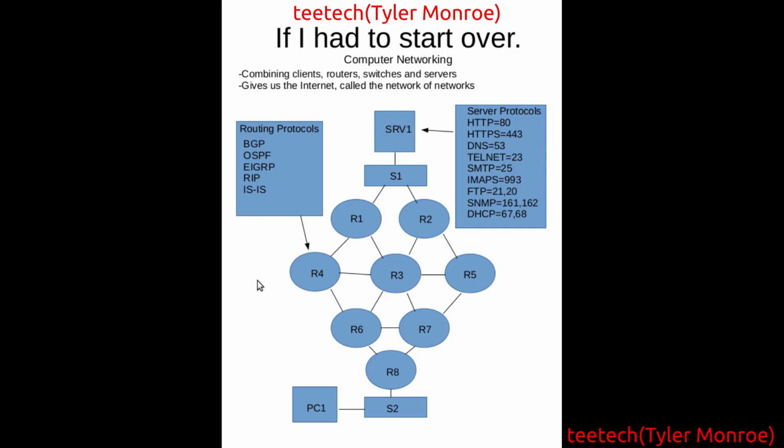The server is using its conversation rules for all its protocols. And the routers are dynamically learning all the routes by these routing protocols up here. And that's a lot of fun to learn. I urge you to go look up all the stuff in this video and learn all you can about it if you're interested.